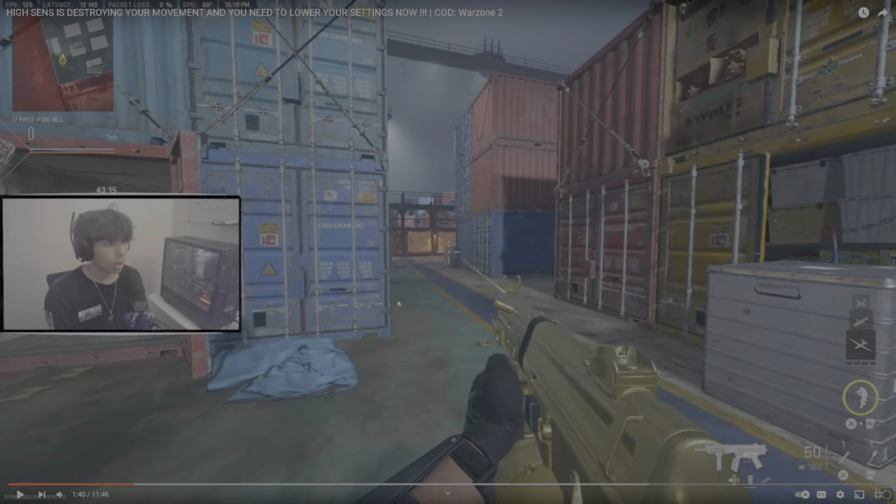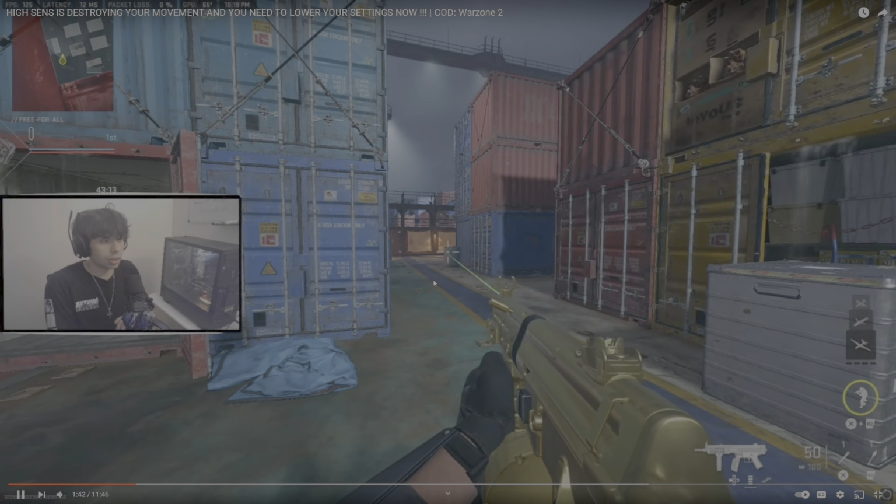If I'm running a low sense, I really do like low dead zones. If I'm running a high sense, I get away with a higher dead zone, because the speed of the sensitivity is countering the dead zone.